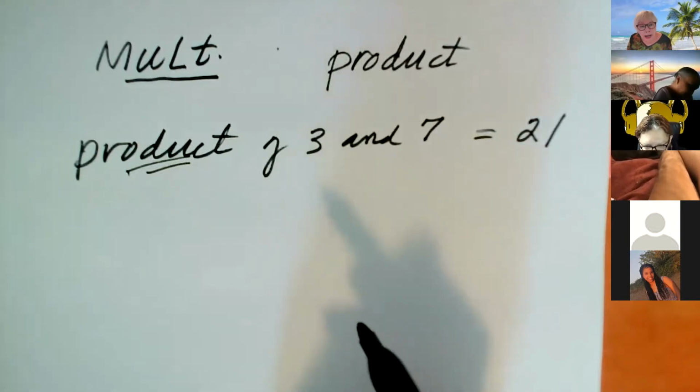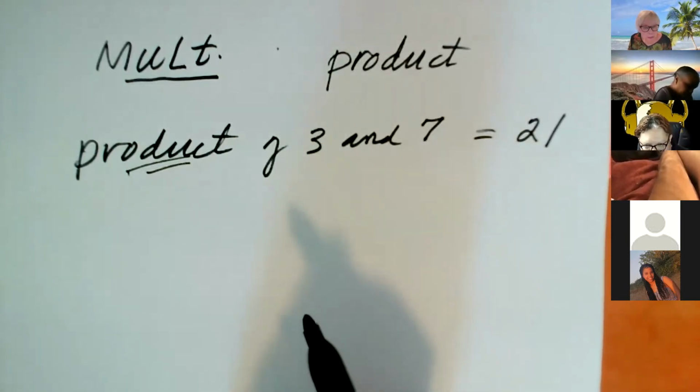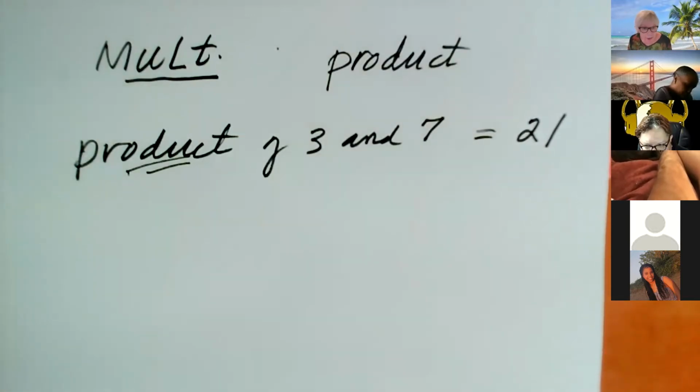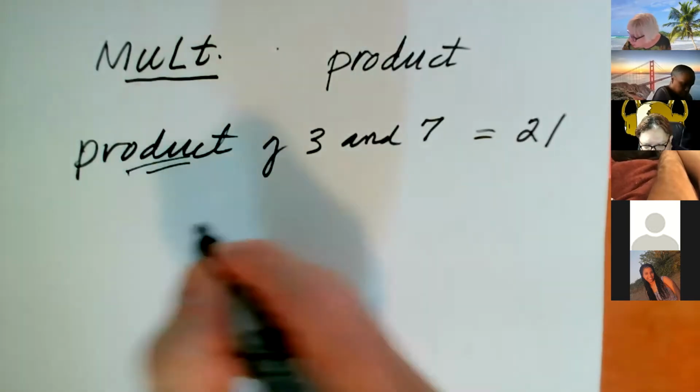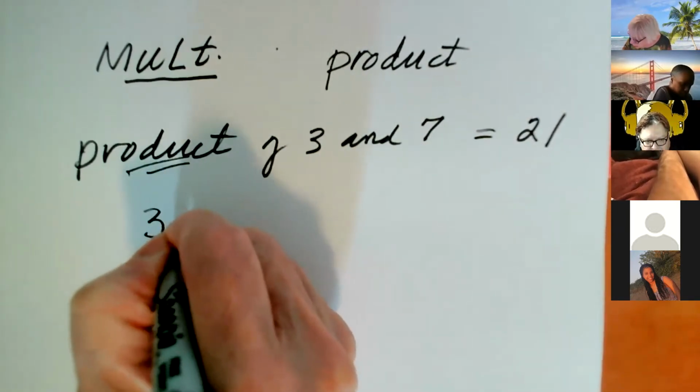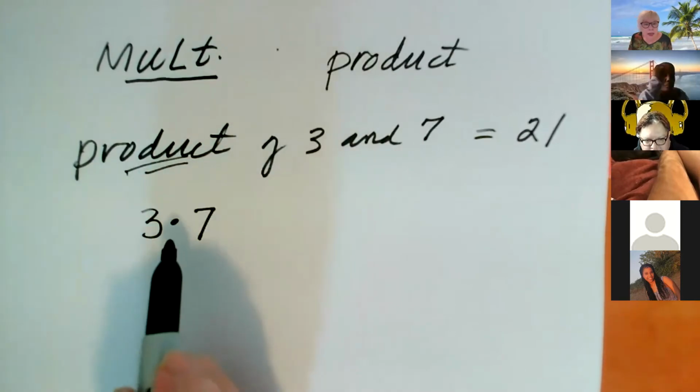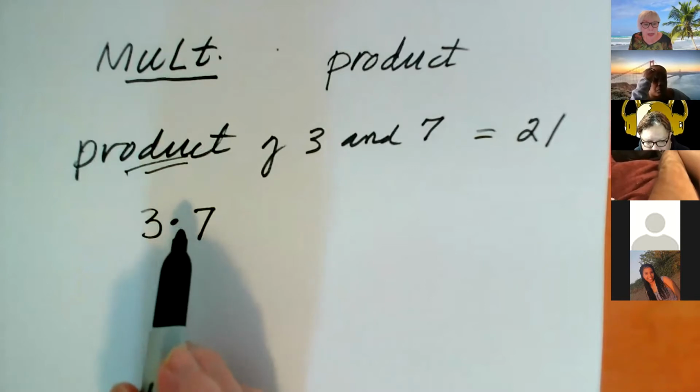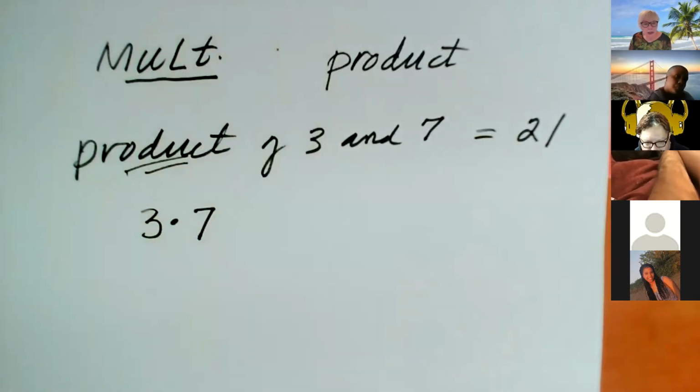There are 4 ways to show multiplication as a symbol. Can anybody tell me any of the ways? A dot in the middle. Okay, so I'm going to go 3 and 7. This is called a raised dot because it's not at the bottom like a decimal point. It's halfway up. That's clearly multiplication. I told you there were 4. I need 3 more.